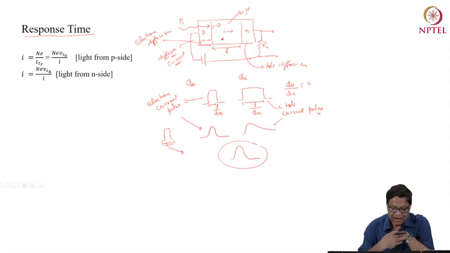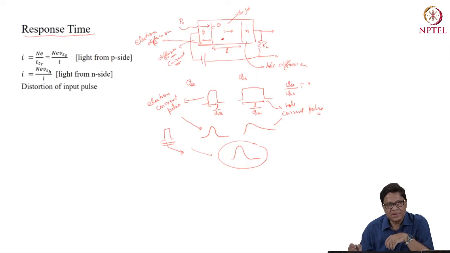And if the light is from the N side, then the current which is generated gives you n into E VSH divided by L, where VSH is the saturation velocity of the hole. So this will result, as I explained, in the distortion of the input pulse, which I had discussed here. The input pulse gets distorted because of this diffusion and the drift phenomena, which I have explained in detail here.